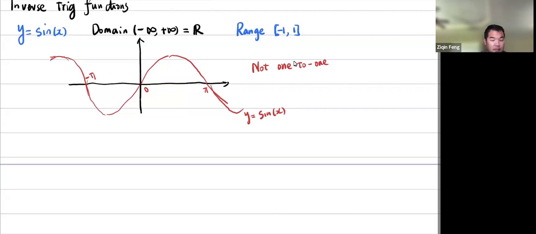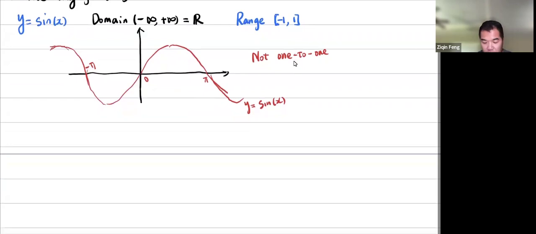But we don't want to stop here. We only look at a piece of this function, from -pi/2 to pi/2, the blue part.